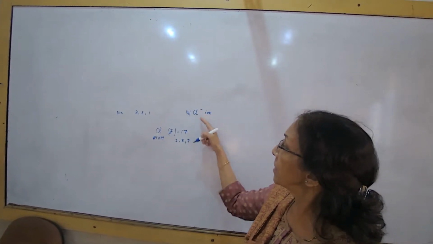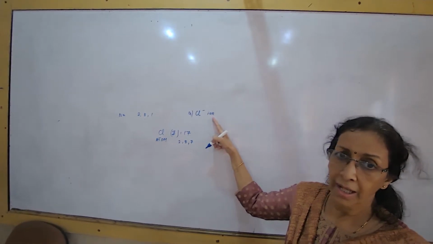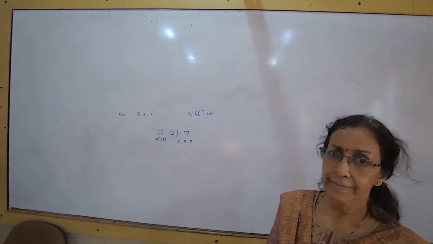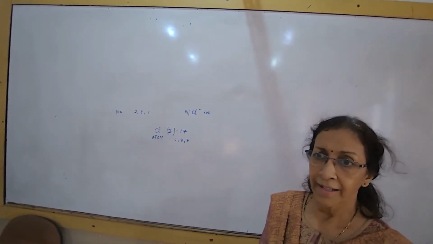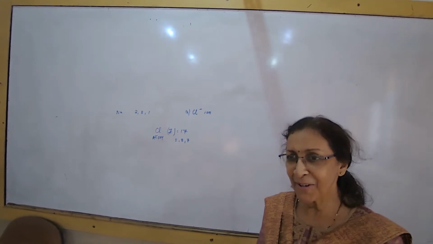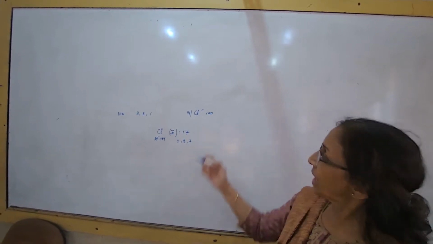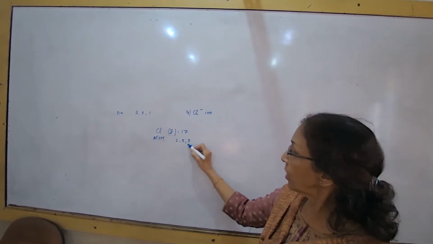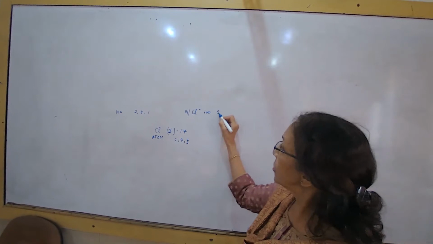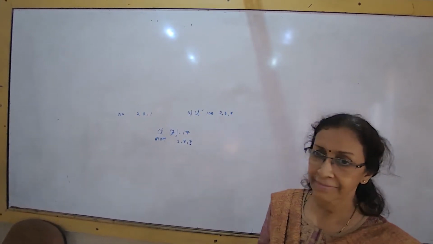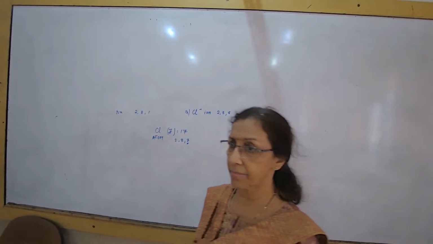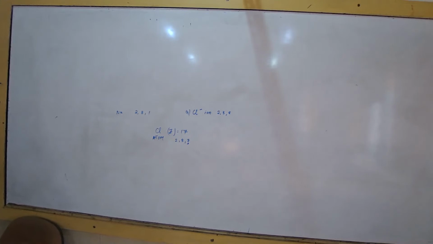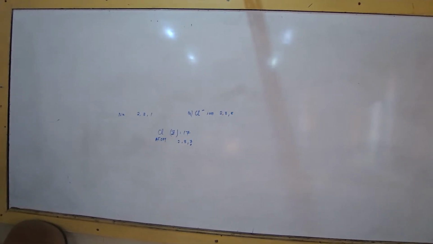The question they are asking is the chloride ion, and there is a negative sign. What does that mean? 2, 8, 8. Correct. Kaushik, hello, why are you looking so blank? Did you understand what happens with minus? That means it has taken up one more electron. You got an electron that is getting added here, 8. So it becomes 2, 8, 8. Did you understand? Write it down somewhere. So your number of valence electrons will definitely be 8.